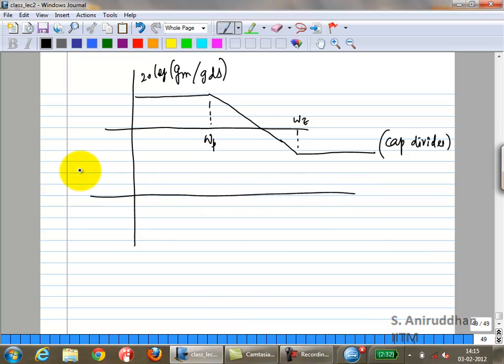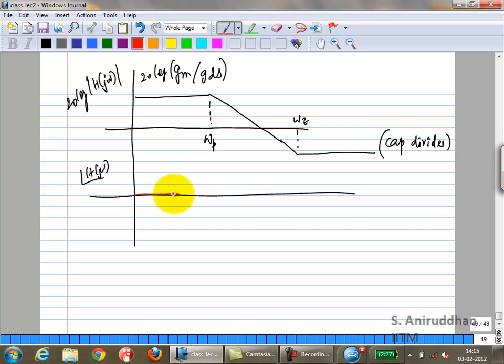And you can also draw the phase. In this case, assume that I'm just drawing the excess phase. So in other words, you already have a minus which gives you 180 degrees.